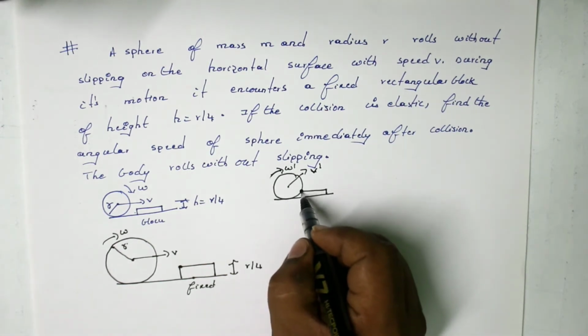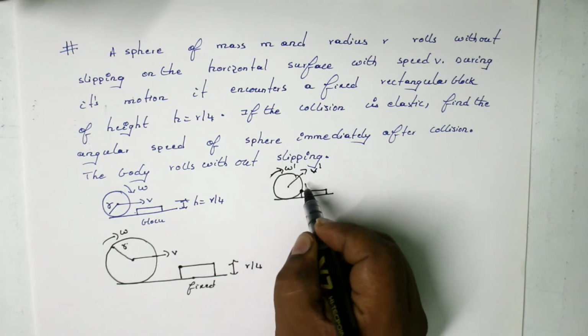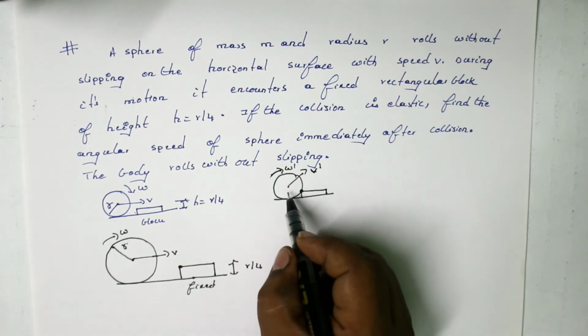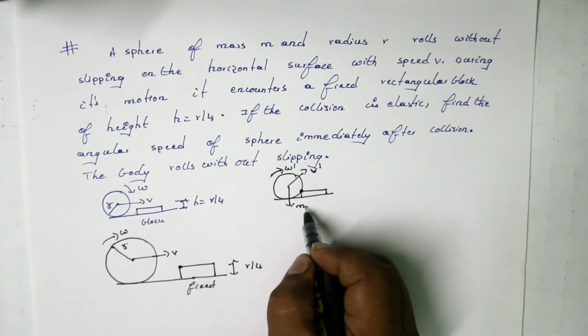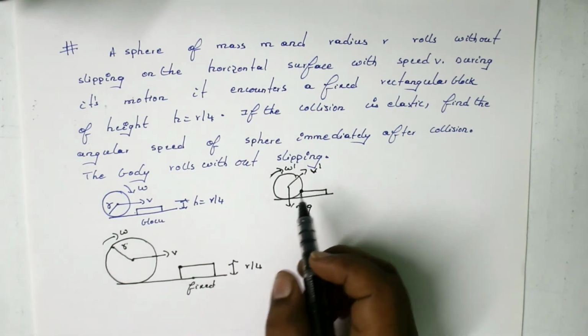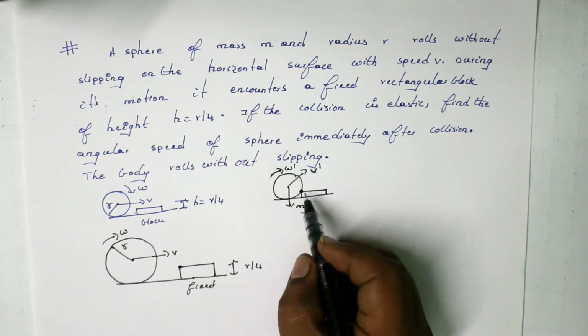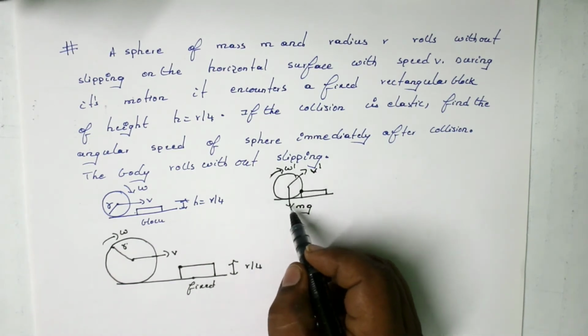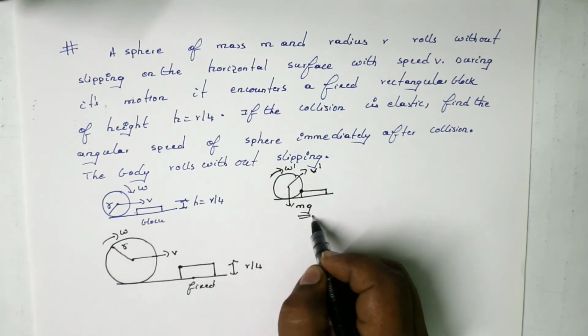On this axis, how many forces are showing their torque here? One force is mg. So this mg will produce a torque around this point. But because this is a collision, the impulsive forces are very large when compared to the weight of this body.